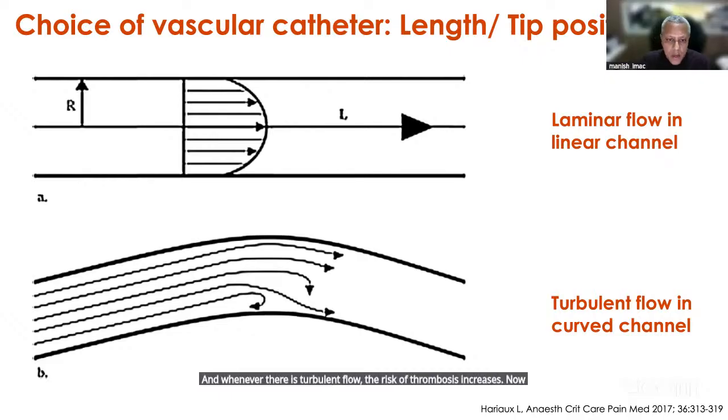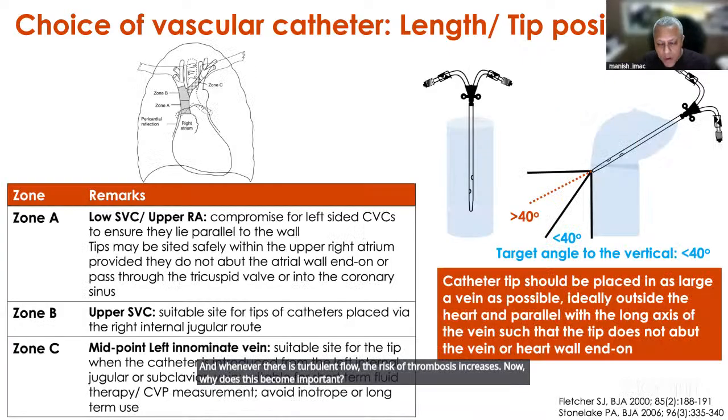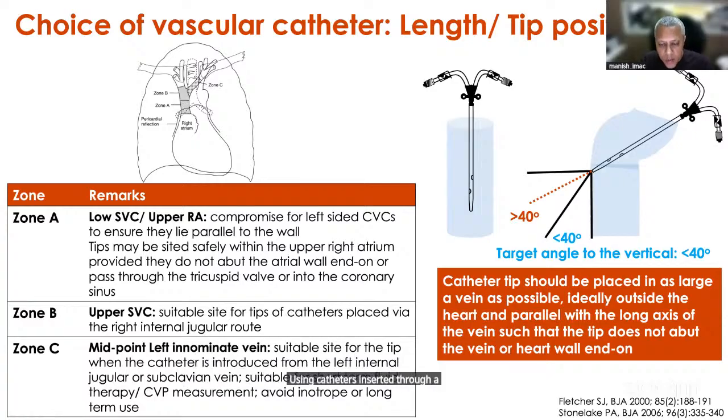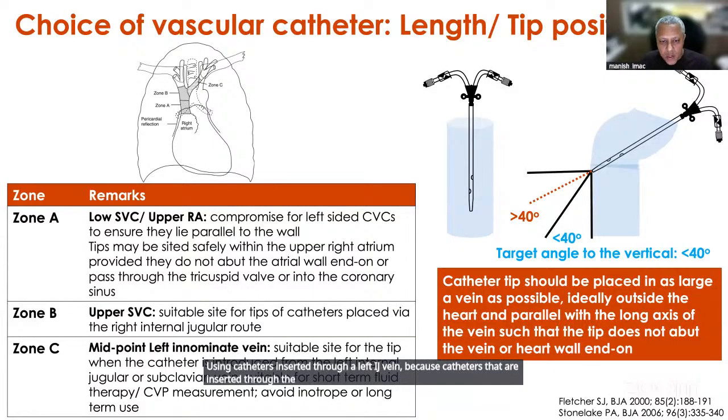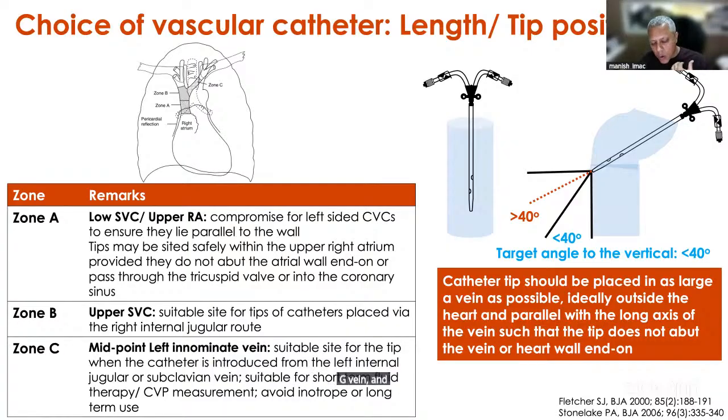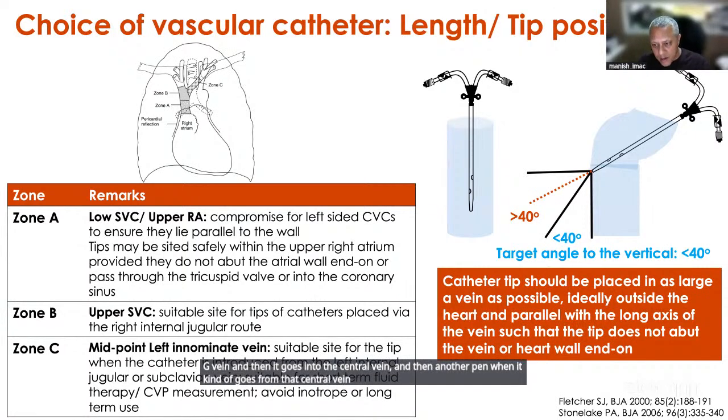Now, why does this become important? This becomes important especially when you are using catheters inserted through the left IJ vein, because catheters inserted through the left IJ vein actually have to undergo two bends. The first bend happens after you insert, when it enters the IJ vein and then goes into the central vein, and then another bend when it goes from that central vein into the superior vena cava.